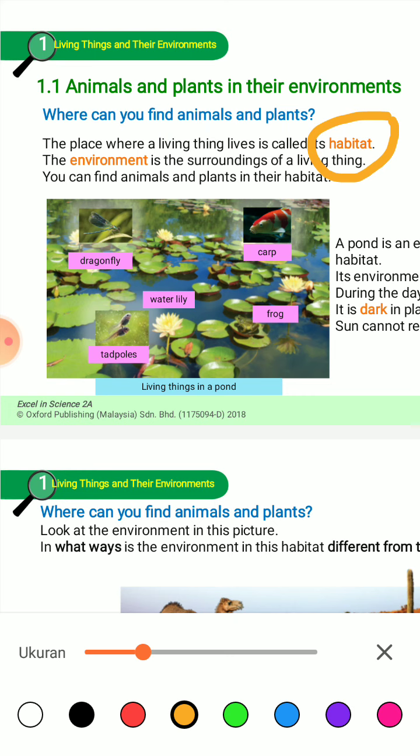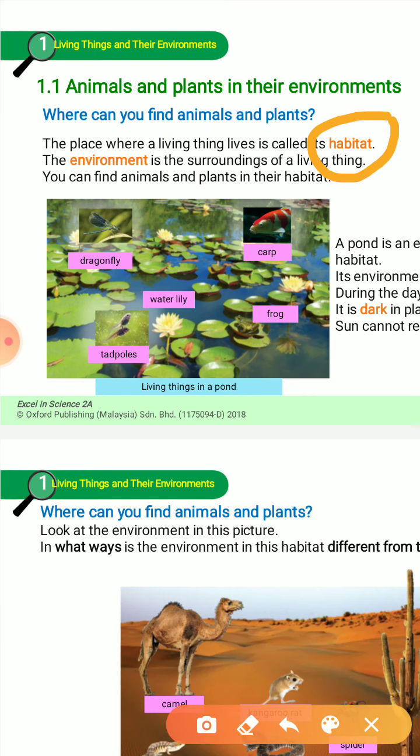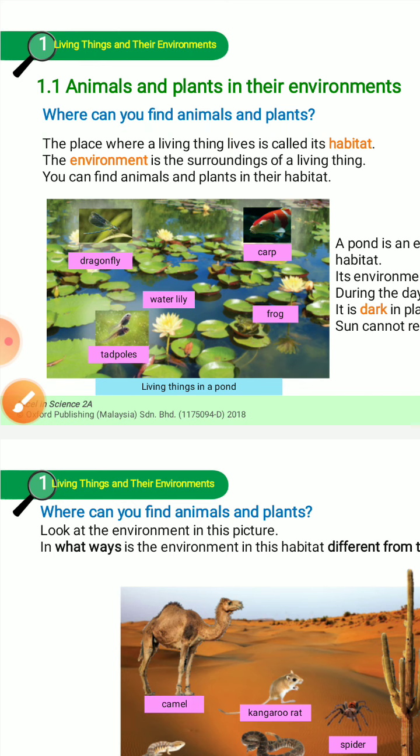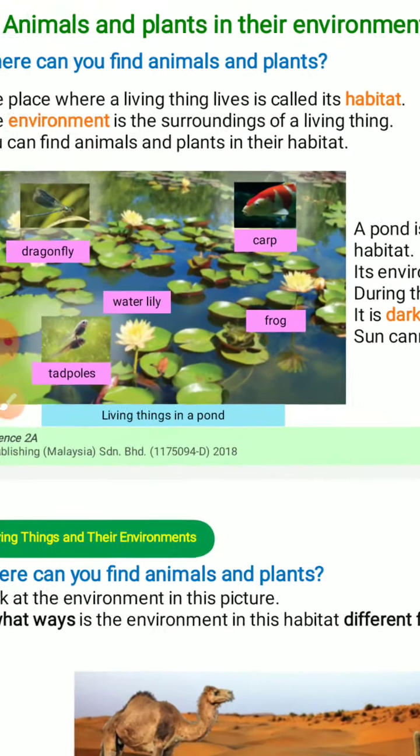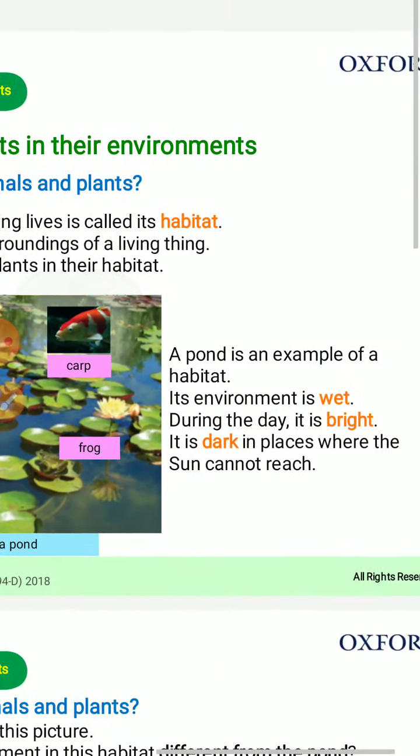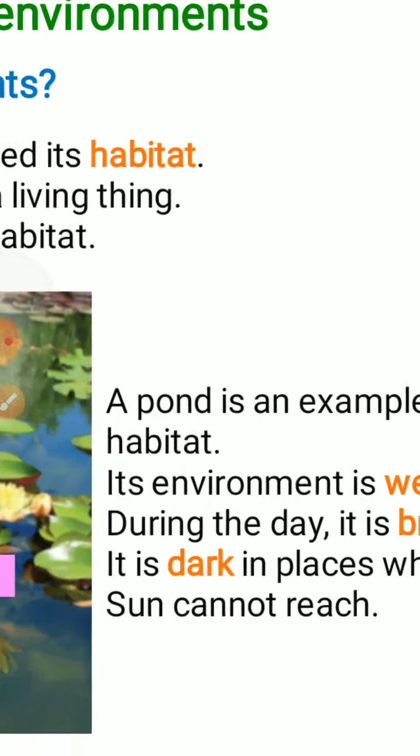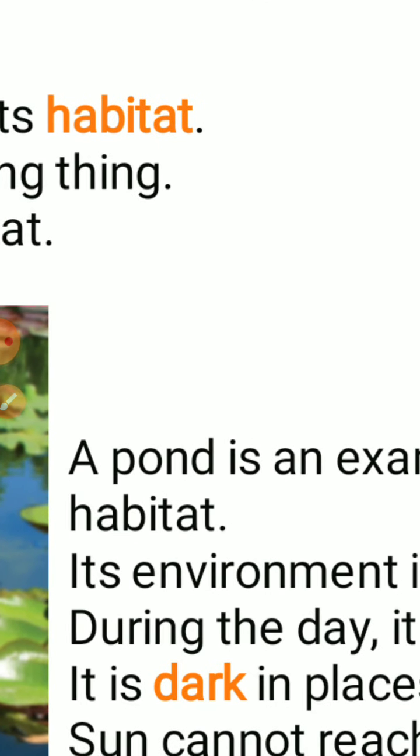If you are confused, let me make it simple. Talking about habitats, where does the frog live? Frogs live in a pond, right? Good, that's right. Therefore, it is called the habitat. Their habitat is in the pond.